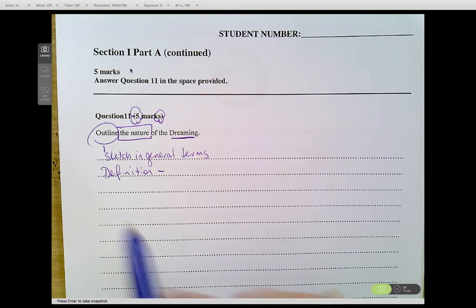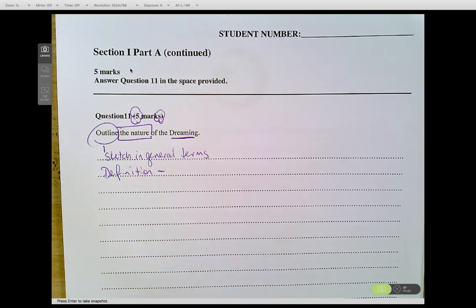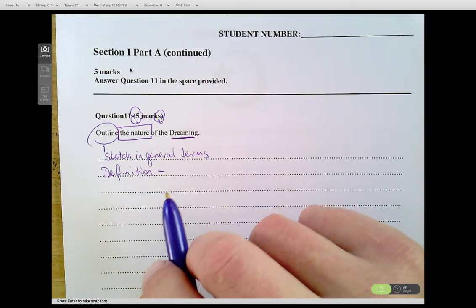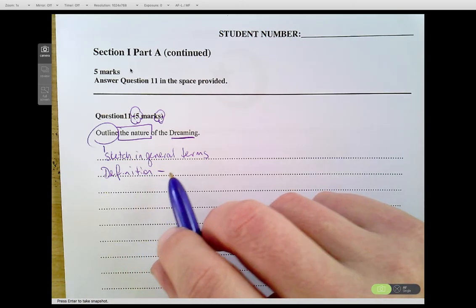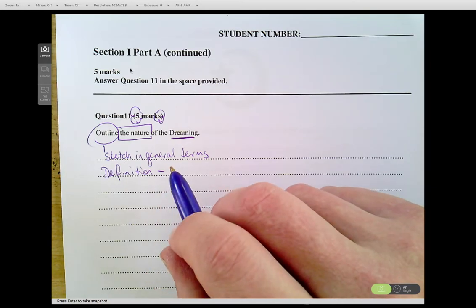Okay? Then what we would need to do is the same as an appeal paragraph, an explanation and an example, or the way I like to do it, an example and an elaboration of that example, and I would do that 2 times. So the definition of the dreaming is going to be something to do with the nature of Aboriginal spiritualities and their relationship with the land, the inextricable connection to the land.